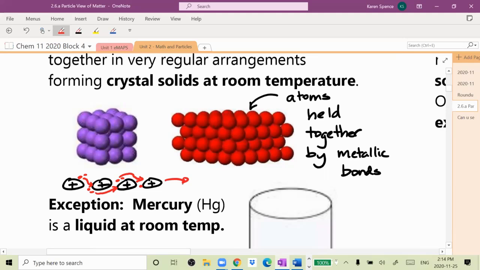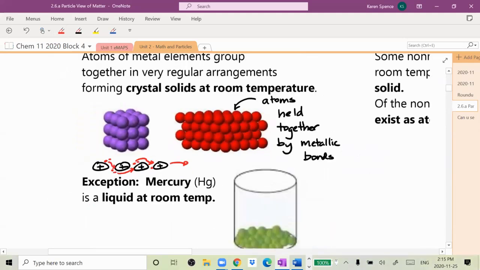And that's why metals conduct electricity, because those valence electrons aren't held very tightly and they can move from one atom to the next, okay? Again, you don't need to know the details of that.